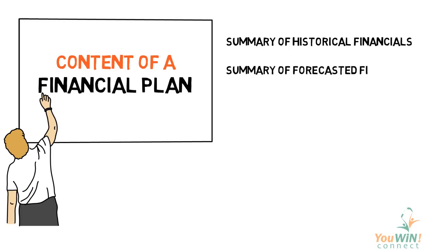Now, when you have written and shown the summary of historical financials, you then need to present the summary of forecasted figures. The forecasted financials should not be over 3 pages long. It explains investment items and their financial requirements. So it tells us what funds are required and what the funds will be used for.